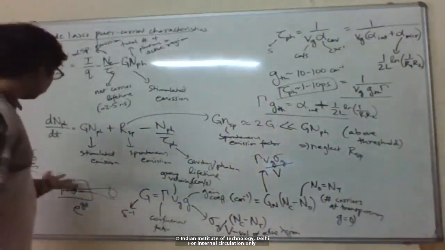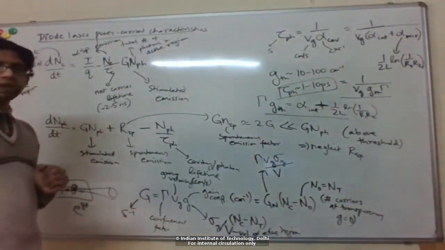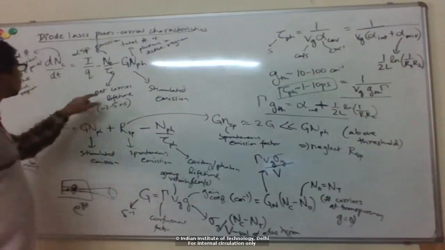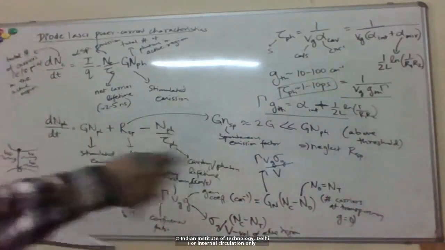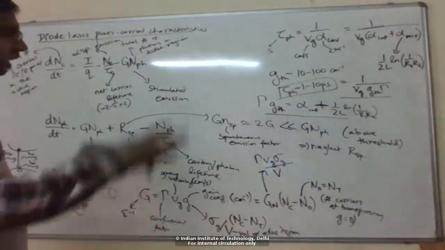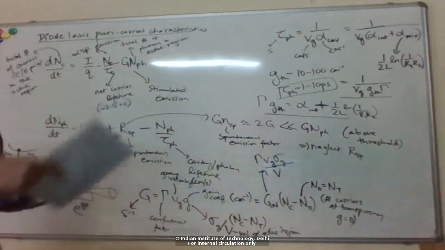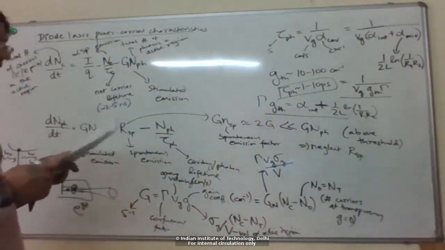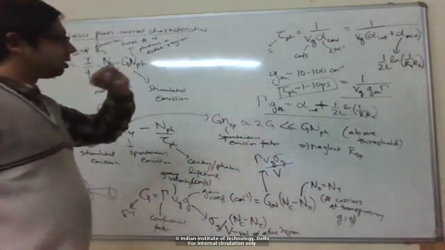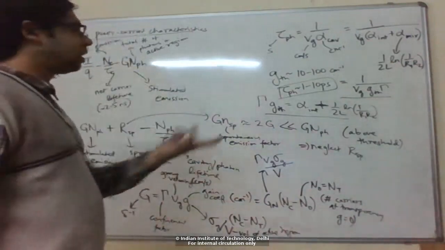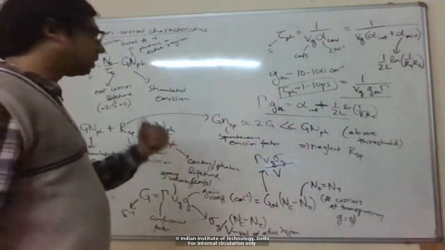This is basically saying that the photons stay for a much shorter time in the active region compared to the carriers. So the photons are responding much faster. They are getting generated and then immediately emitted, whereas the carriers stay for much longer before being recombined. So this effect is what gives me the higher modulation frequencies that I can achieve with lasers as compared to LEDs.